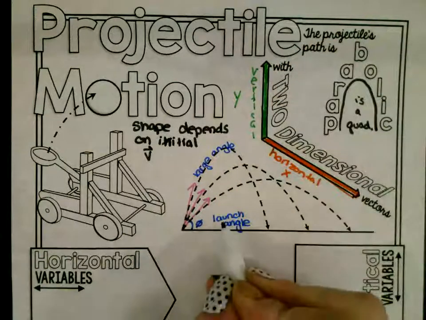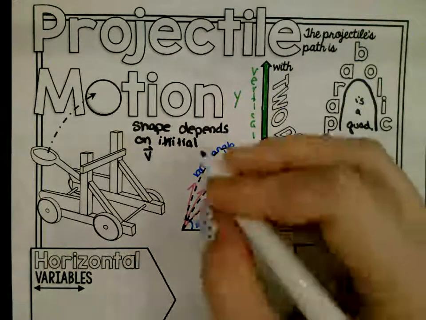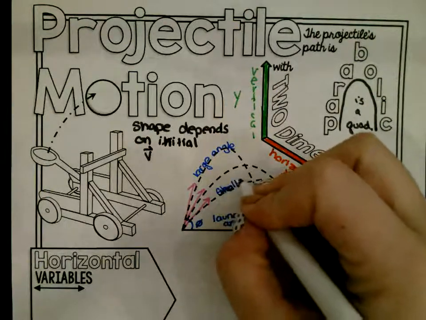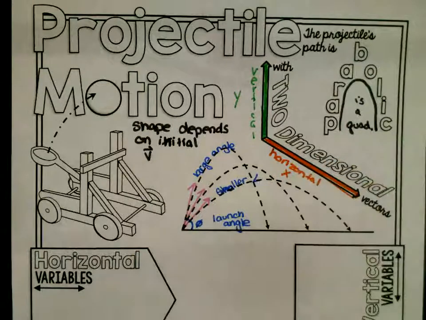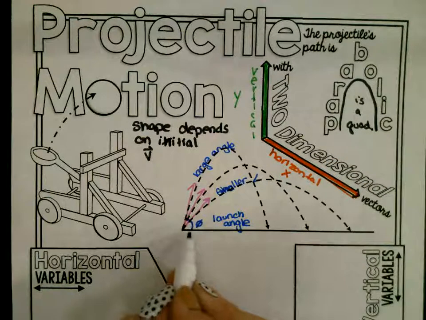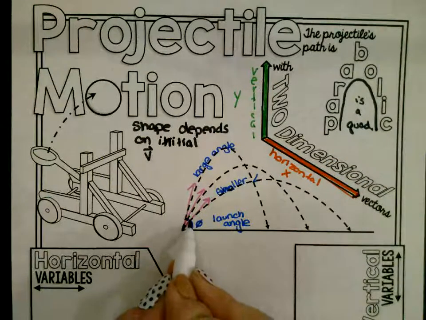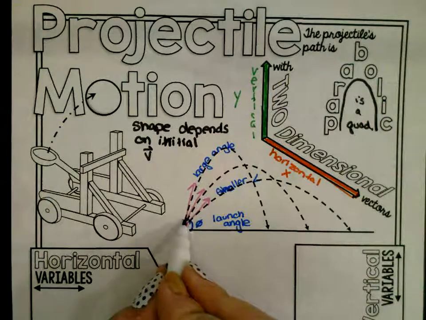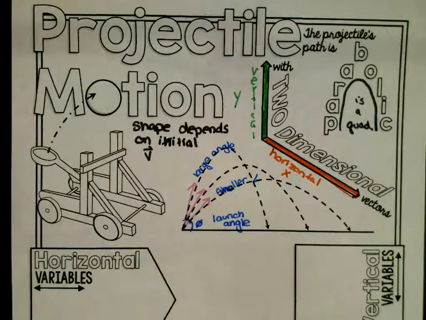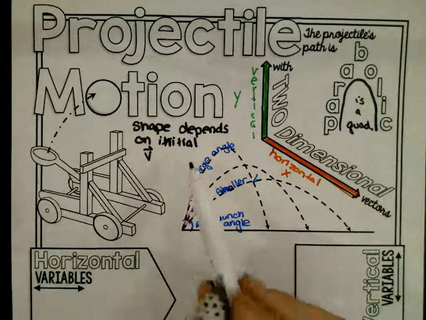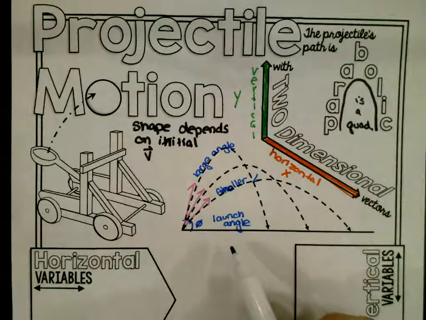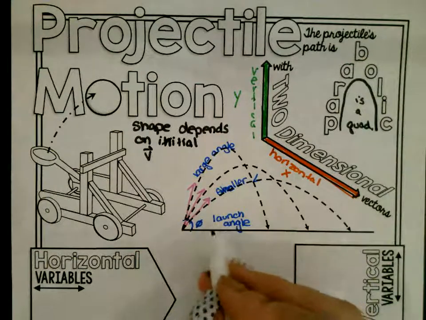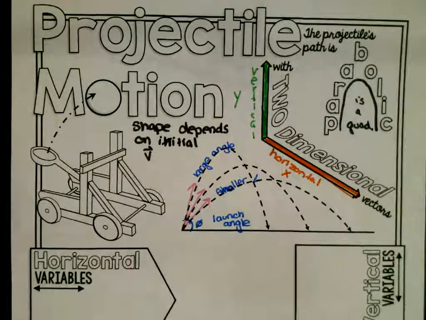And down here, this long, short, fat one is when we launch it at a short angle, or a smaller angle, I should say. If you look down here, this theta only goes from here to here, but the theta for this large angle goes all the way from up here, and it wraps all the way down. So the shape of this projectile depends on the initial velocity. More than anything, it depends on this initial launch angle. That's the biggest thing that the shape of that projectile depends on.